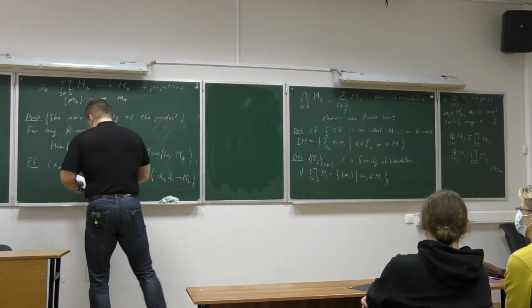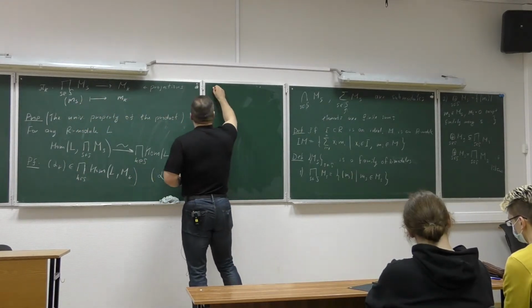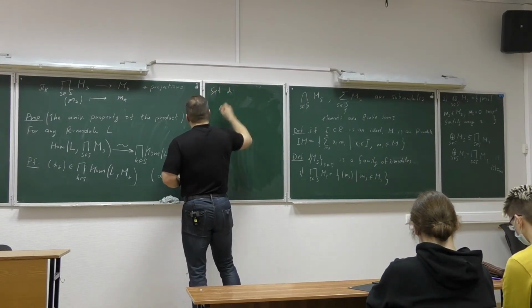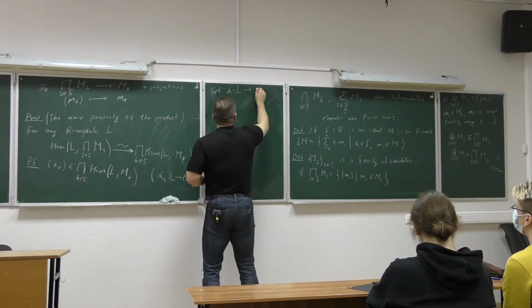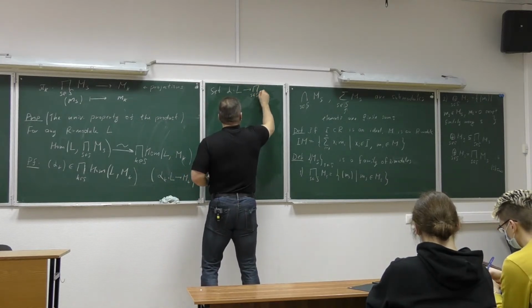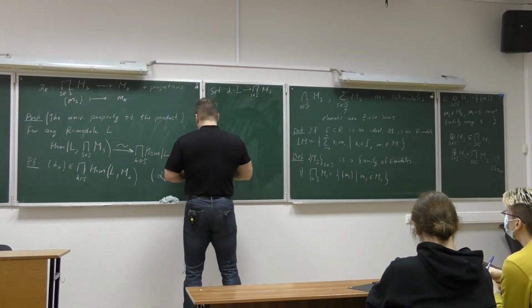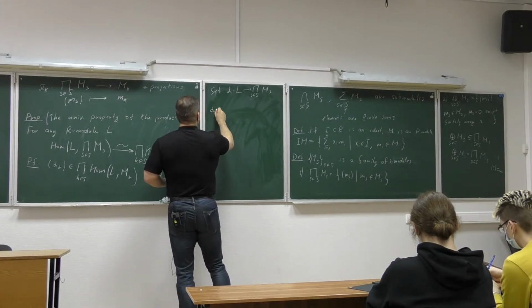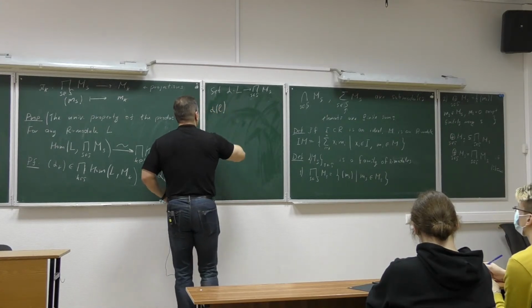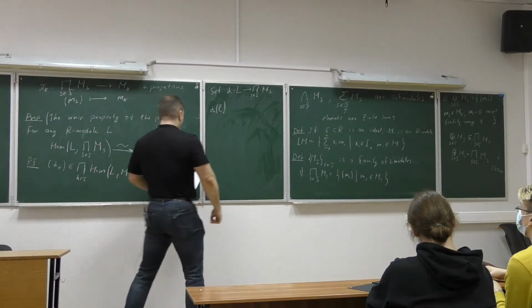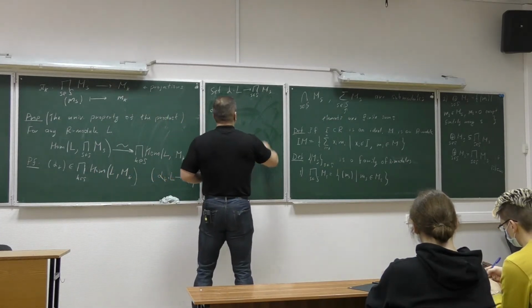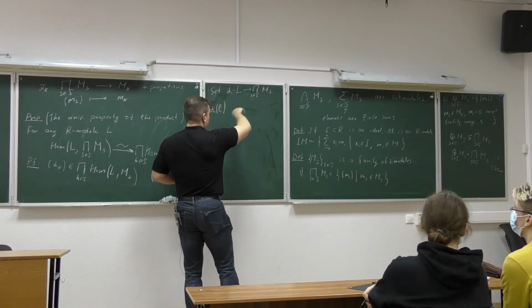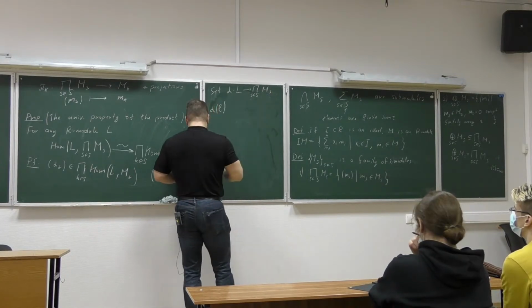Now I claim you can take the following. Let's set alpha to be a map from L to the product, and I want to define how we can compute alpha on an element l, where l sits in the capital L. And this has to be a vector with infinitely many components potentially, and components are elements of the M_s.